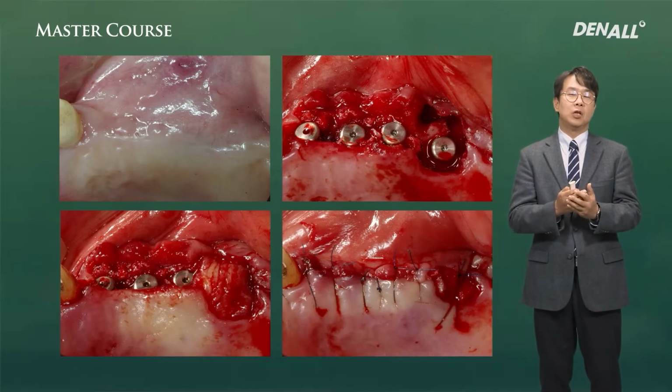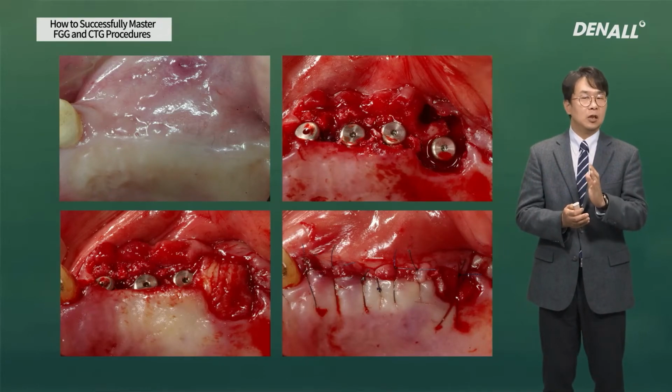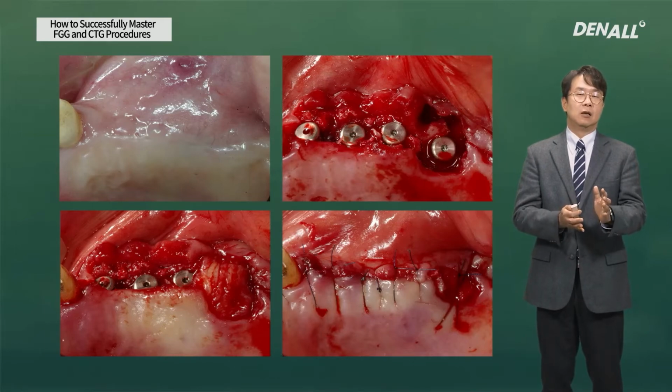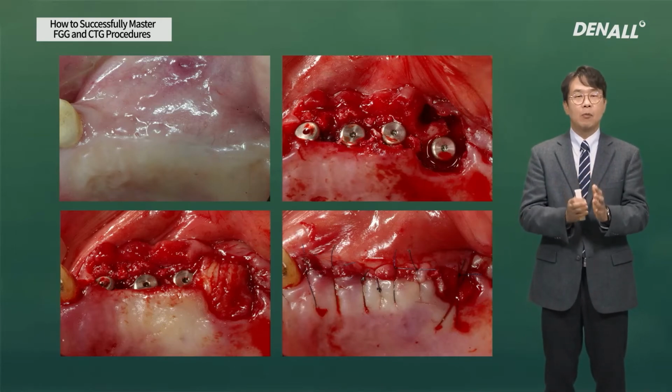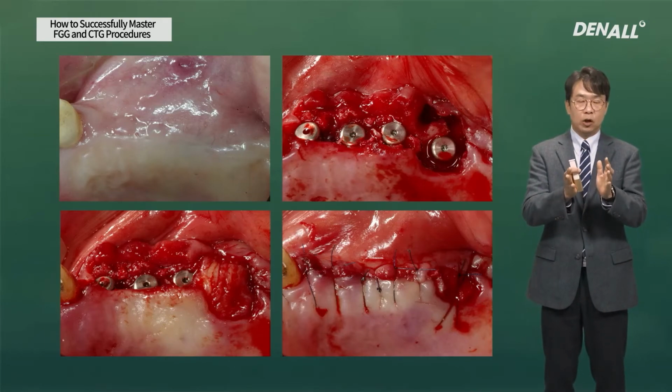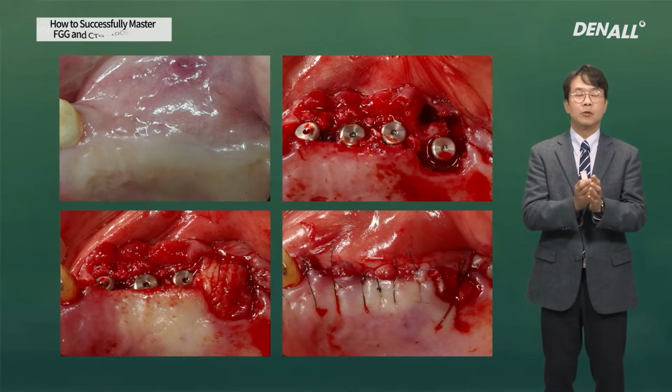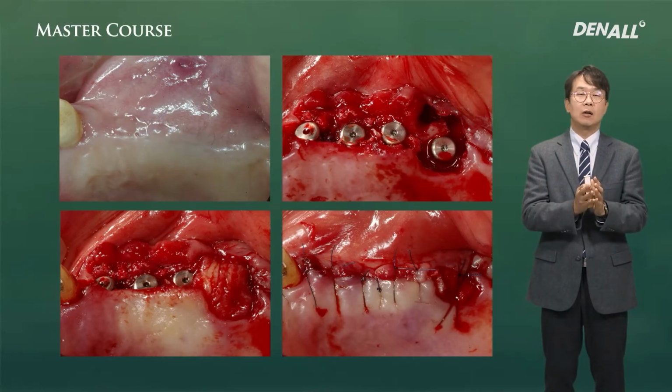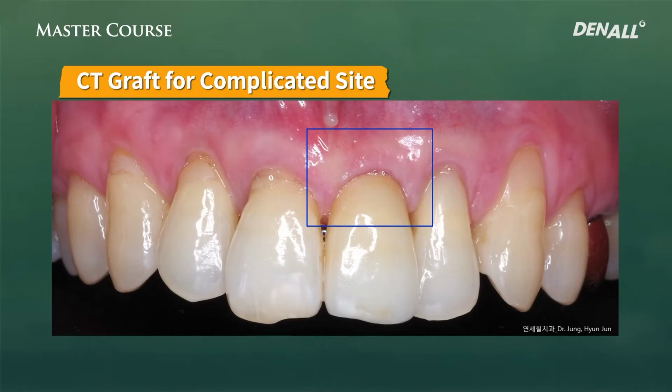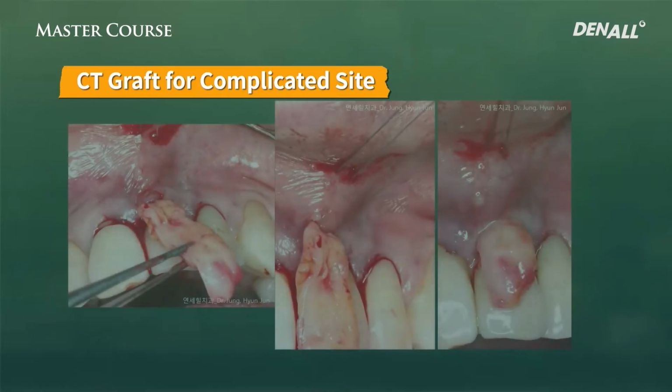Like this, you can close the extraction socket, but there are alternatives. In this case, these days, other alternatives can be used over CT, but here there is recession, which is not good for aesthetics.